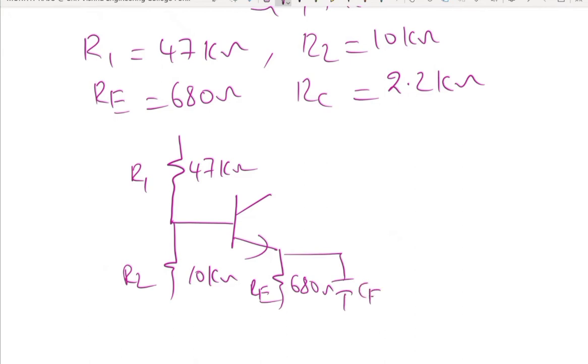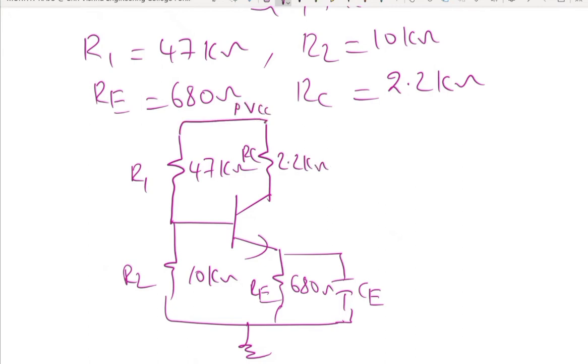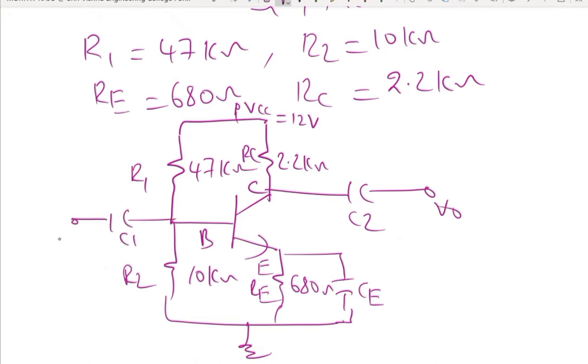This one is CE, ground. This one RC is equal to 2.2 kilo ohms. Here VCC is equal to 12 volts. This is the base, this is the collector, emitter. Coupling capacitor here is C2, V0, this is C1. This one is input. Now I will concentrate on calculations of C1, CE, C2.